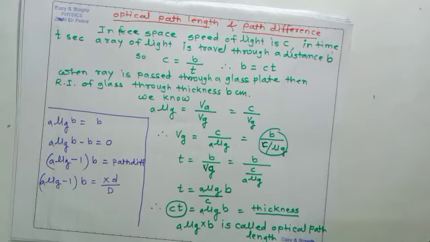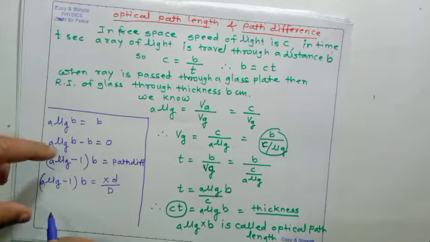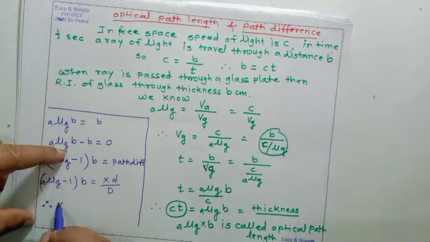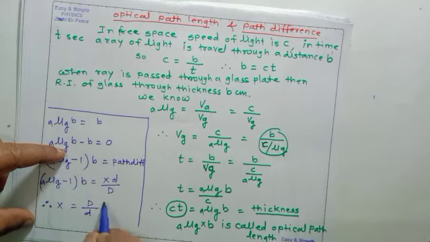And therefore, x is equal to capital D upon small d, in bracket, mu for glass minus 1, into b.